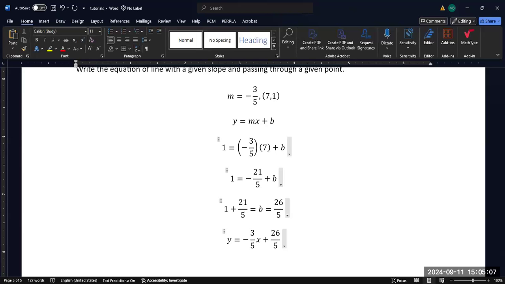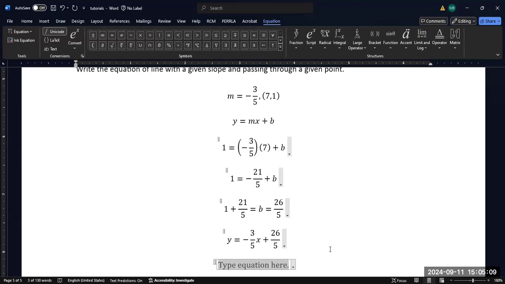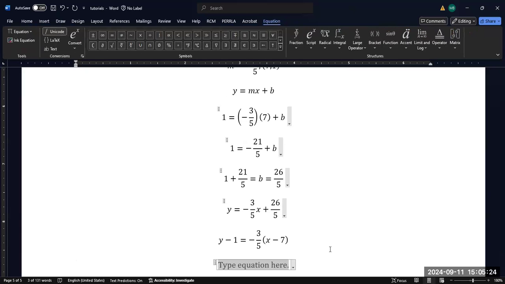Now, I can also use the point slope form. The point slope form would have me start with y minus 1 is equal to negative 3/5 times x minus 7. And then I would distribute: y minus 1 is equal to negative 3/5 x plus 21 over 5.